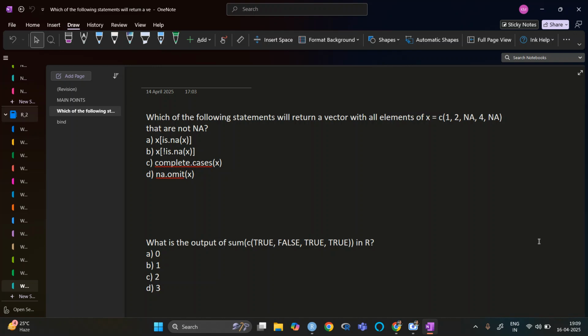Okay, so now we are working with the questions. I have done with the stratified sampling, and in between I wanted to do some questions. So these are some questions.